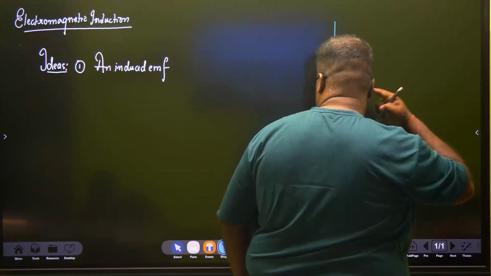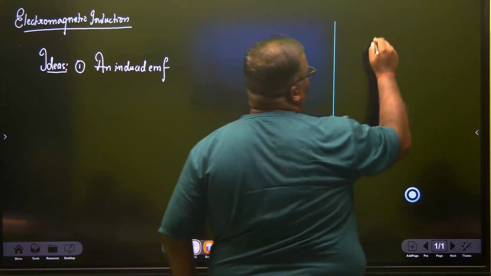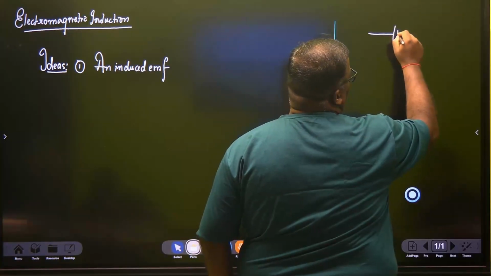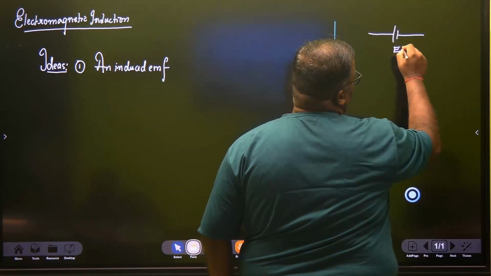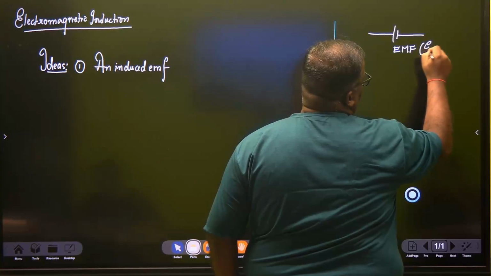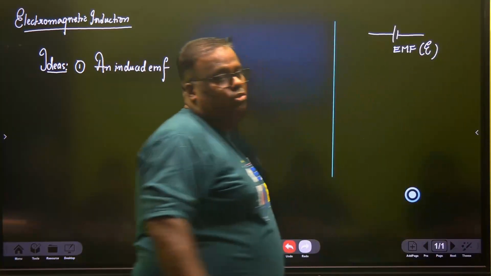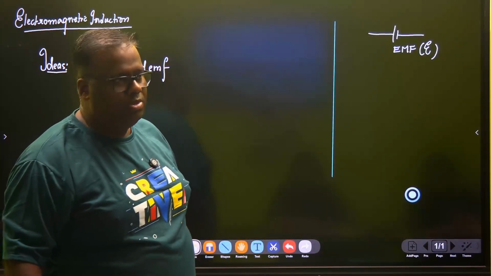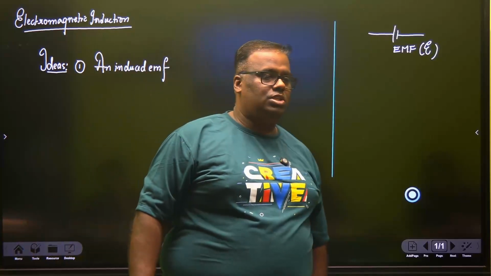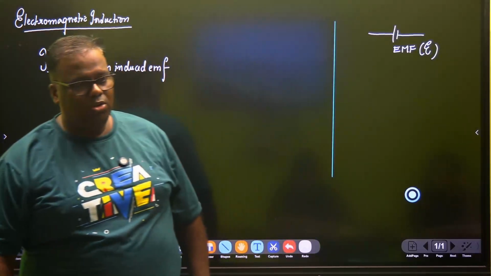So far you know that a cell can produce what is known as an EMF, denoted by E, the electromotive force. When we say the word induced EMF, induced is something the cell will not produce now.